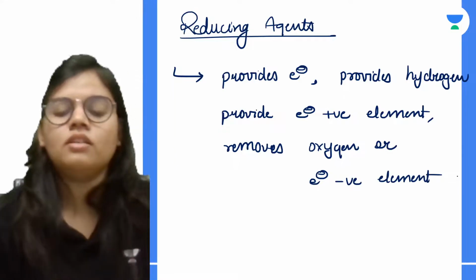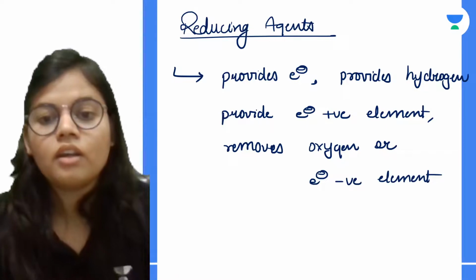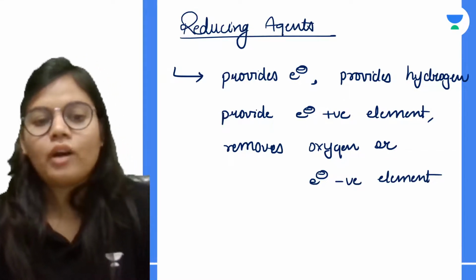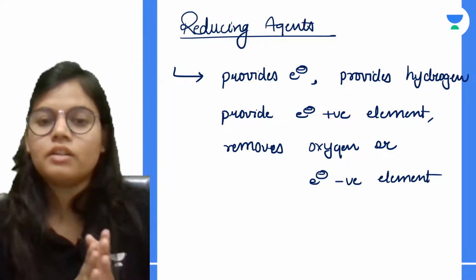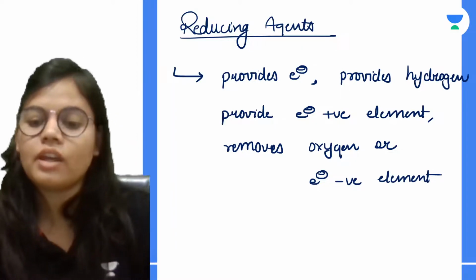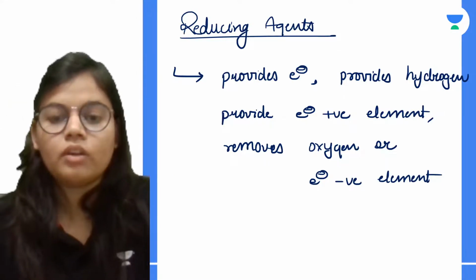So this is the definition of reducing agents. I hope you understood the basic definitions of oxidation, reduction, oxidizing and reducing agents. Now let us take all of them in one go.